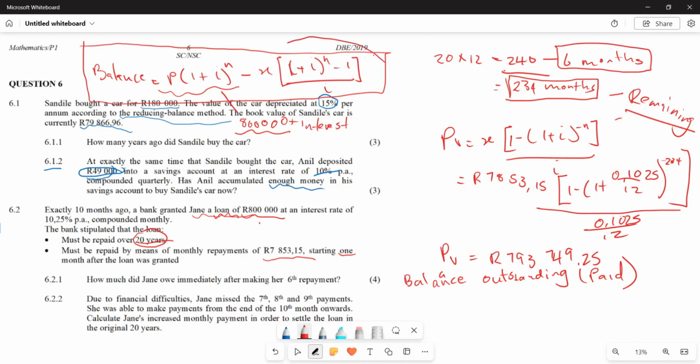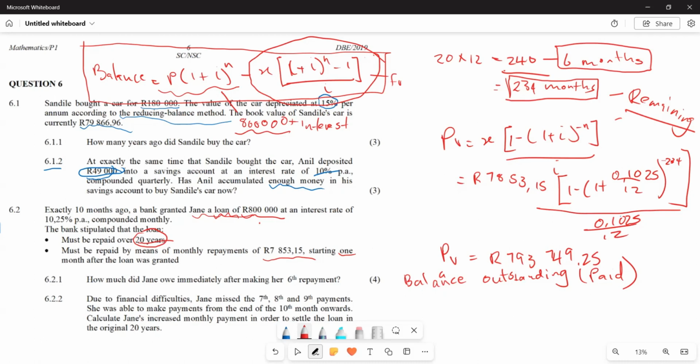And why are we using the future value formula here instead of the present value? Because it's more like you are investing to pay the loan, right? To repay the loan. So that's why we are using the future value formula when we are calculating using the balance outstanding formula, right?